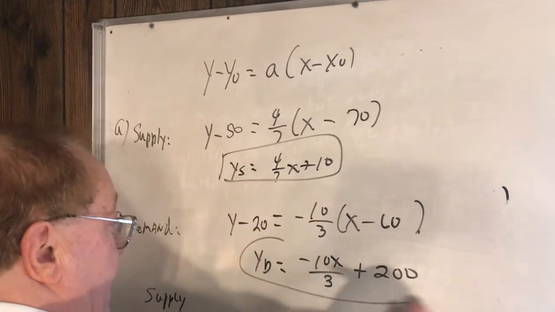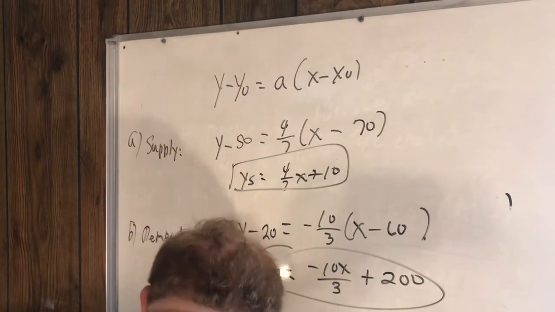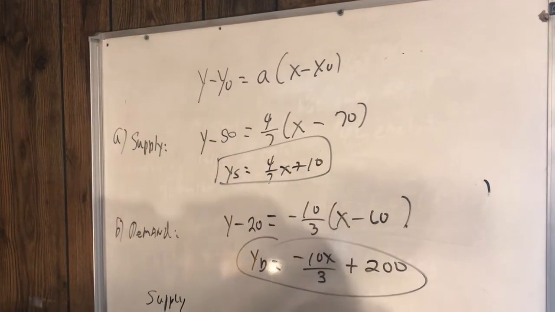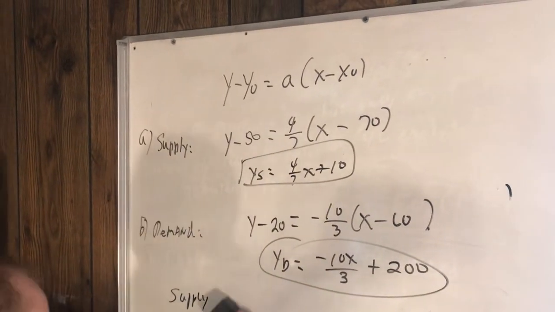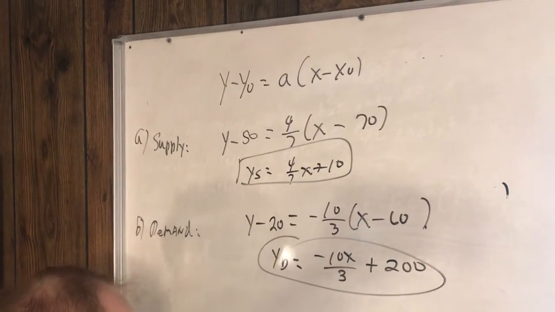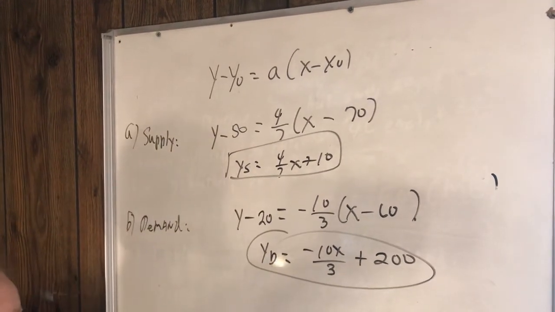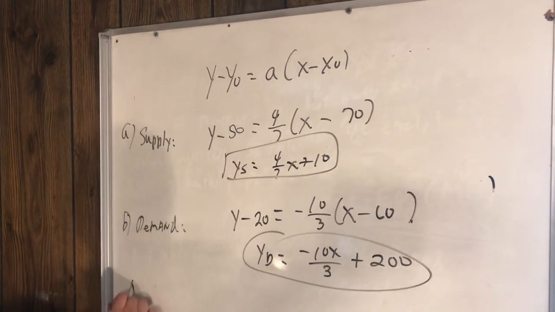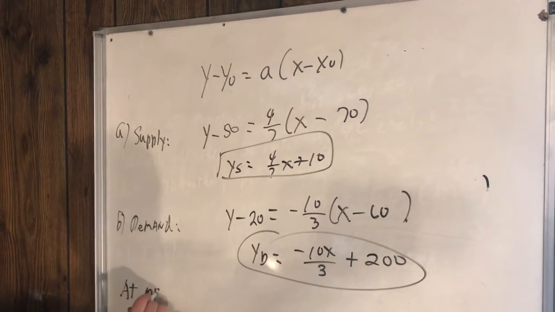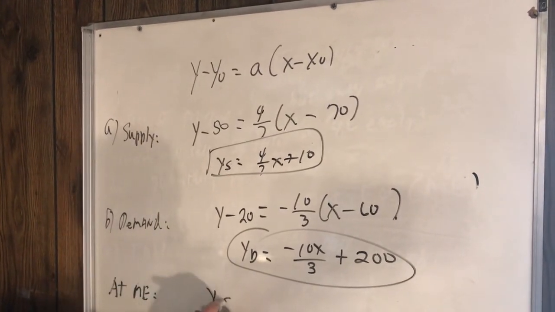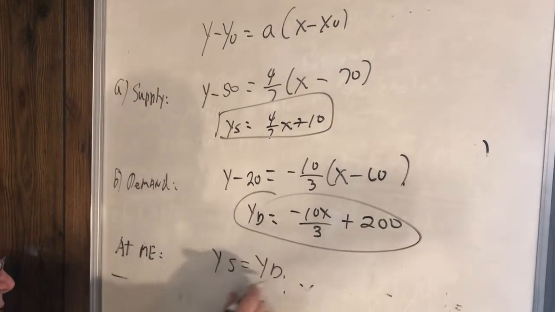So now I have two equations here. At market equilibrium, the price would be equal. In this case, y is the price. So I'm going to say y at market equilibrium, ys equals yd.